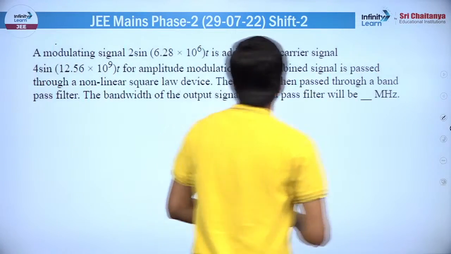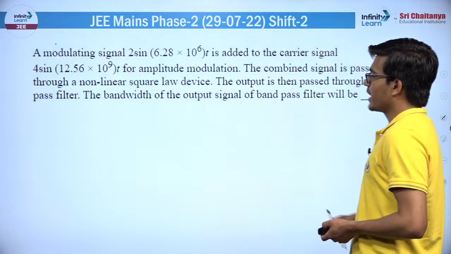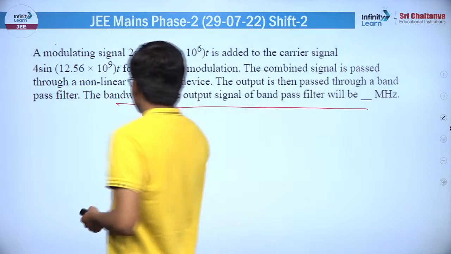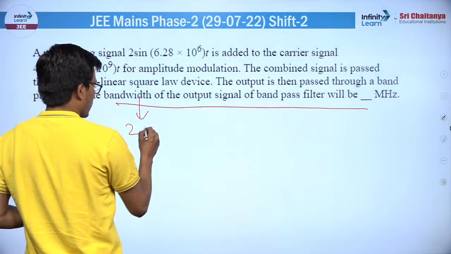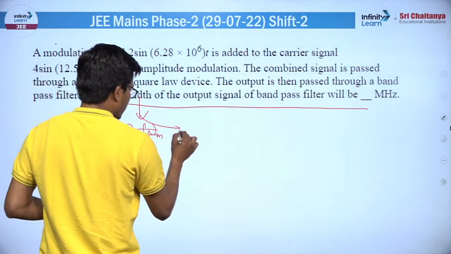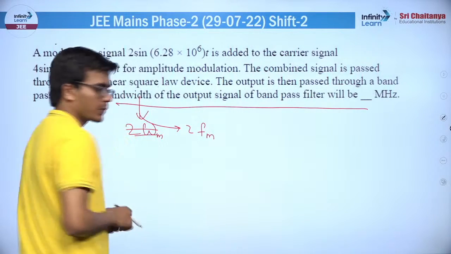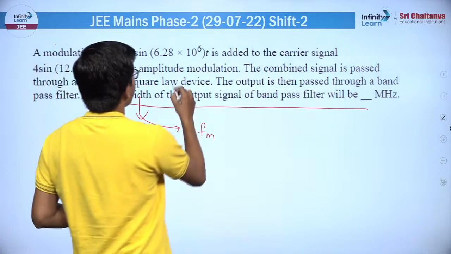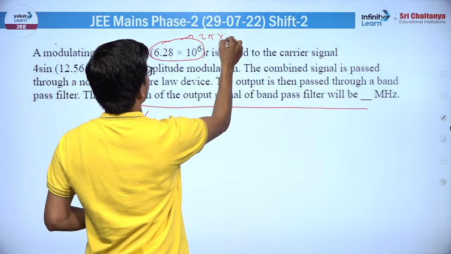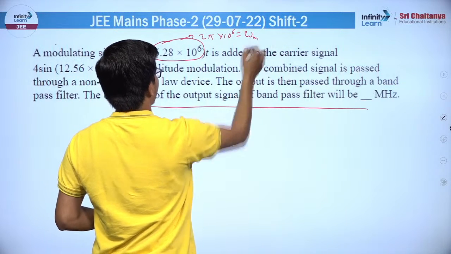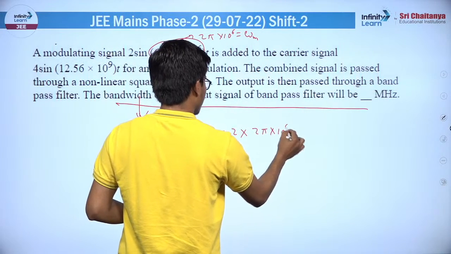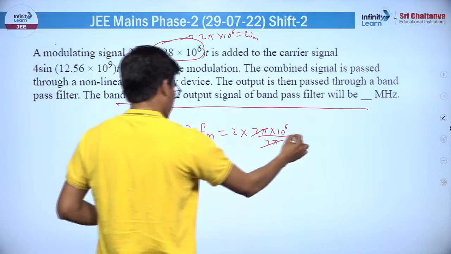A modulated signal is given. The bandwidth of the output signal of the band pass filter is? So bandwidth is given by 2 times omega m. Bandwidth is given by 2 times the modulating frequency, not omega, but we have omega, that is 2 pi into 10 to the power 6. This is omega m. So what I can write is omega m divided by 2 pi, and you will get the linear frequency.